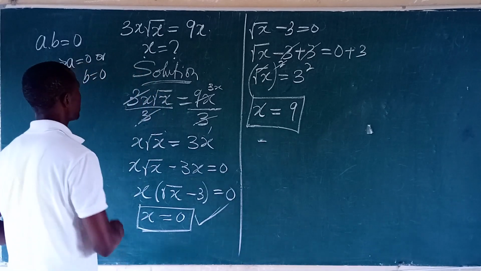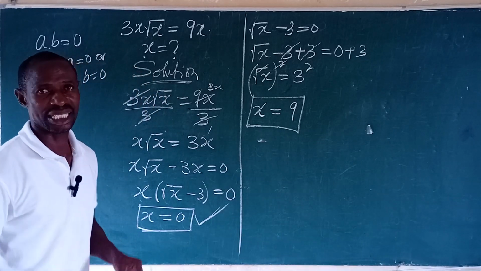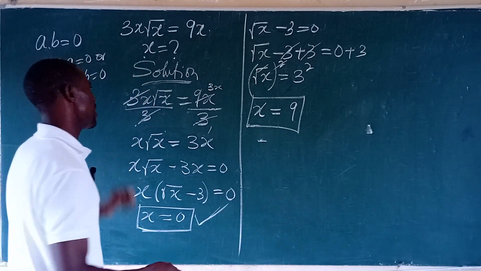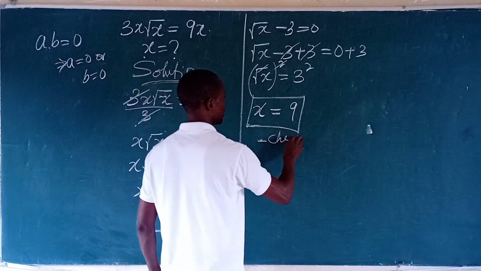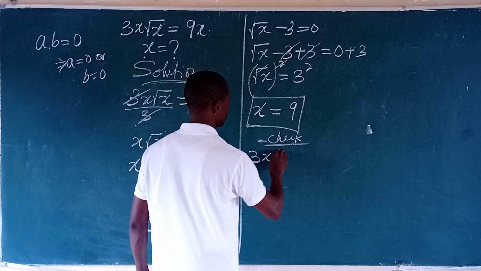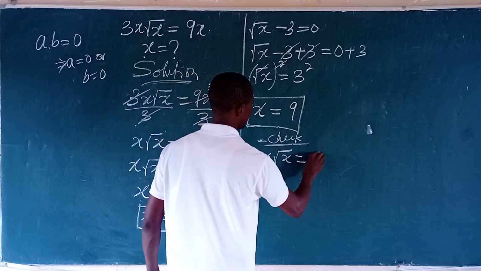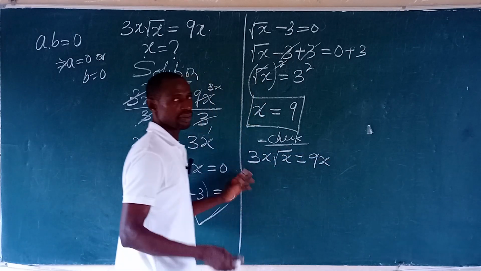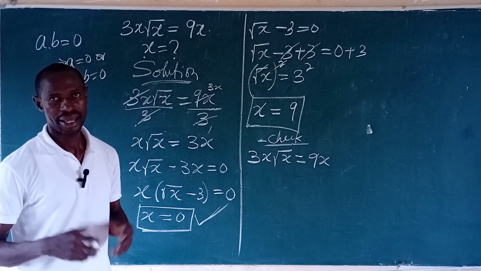But again, we want to check if 9 as a root actually satisfies the original equation. Our original equation is 3x root x equal to 9x. Wherever we see x, we put in 9.